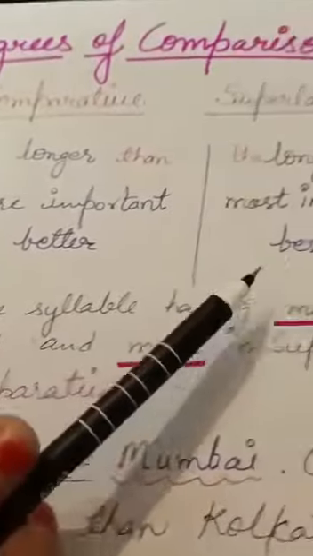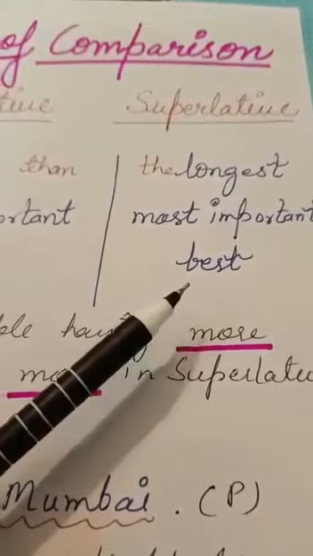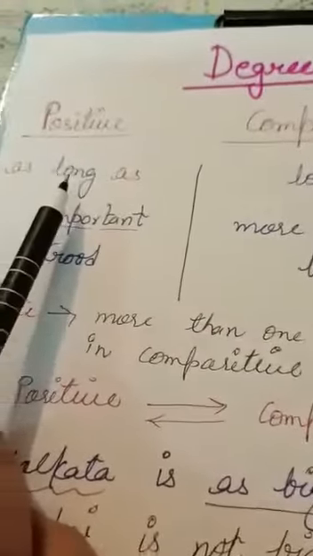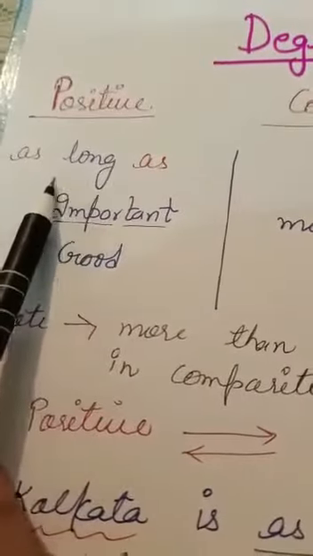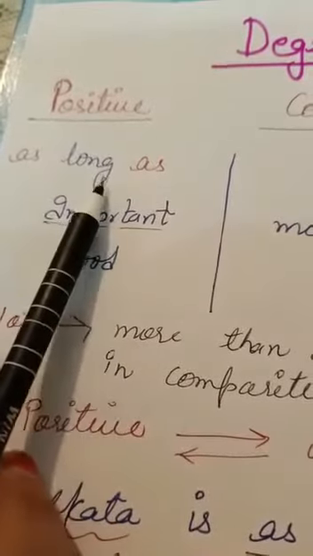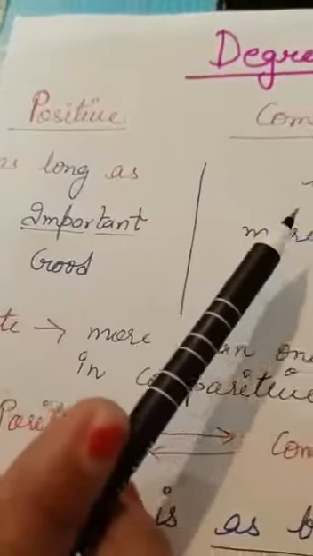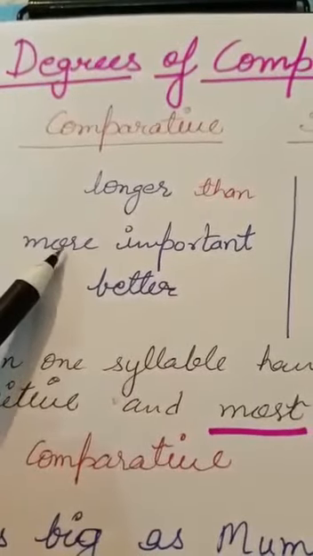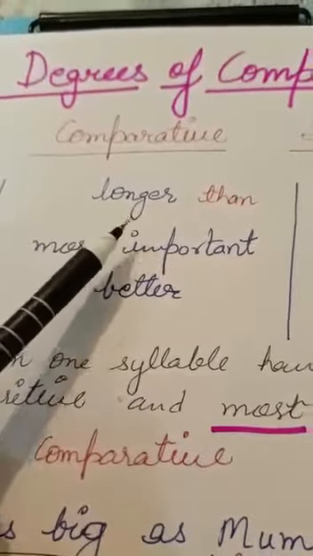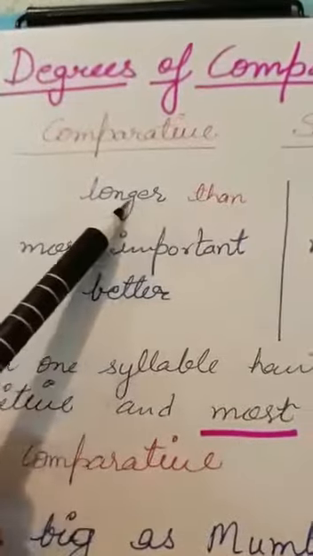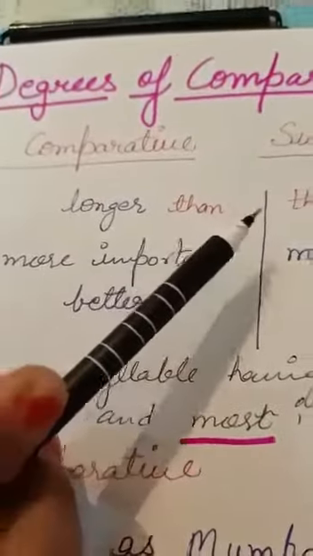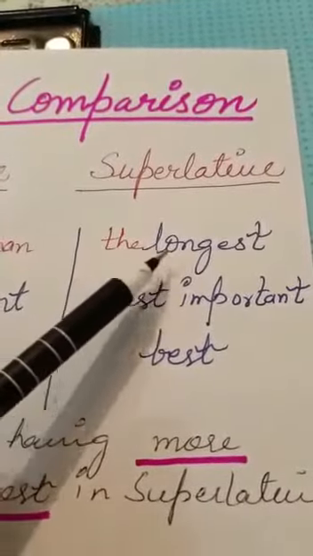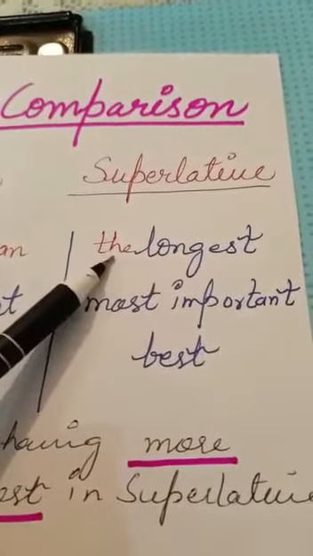better, best. Now children, you can see, as I told you, in positive degree we use as with adjective or adverb, and you can see we use than in comparative degree after the adjective or adverb, and in superlative degree we use the before adjective or adverb.